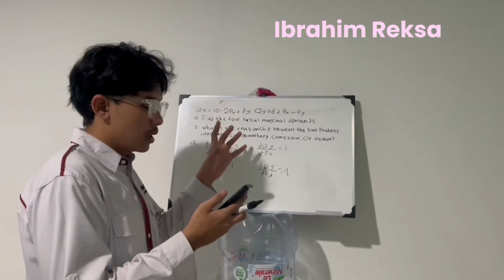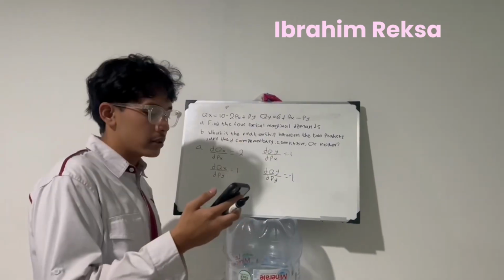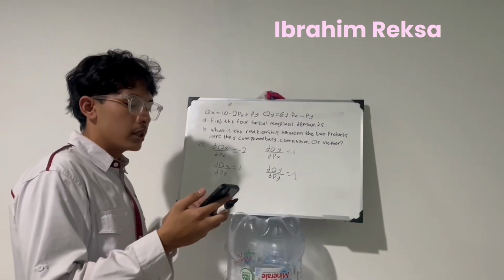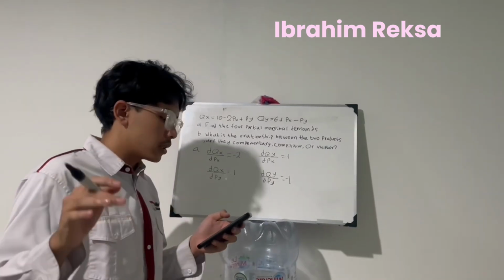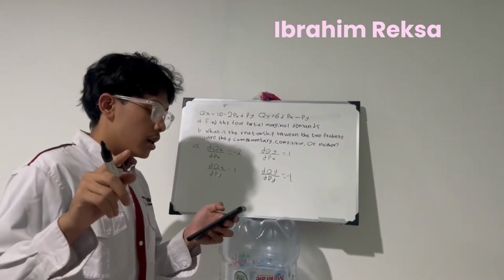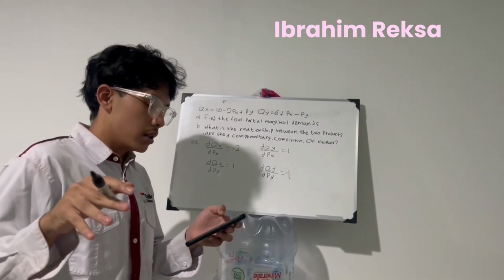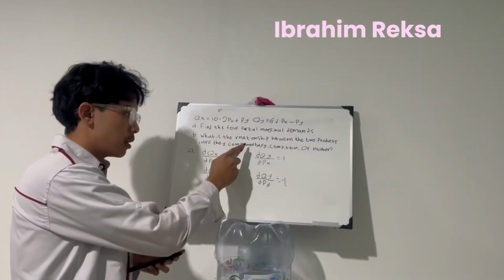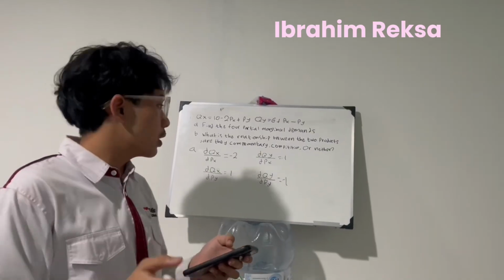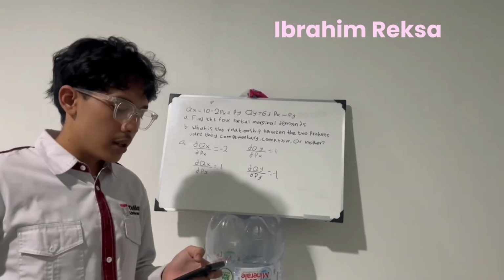First, complementary. Complementary is if the cross partial derivatives are negative: an increase in the price of one product reduces the demand for the other product. This indicates a complementary relationship. Next, competitive.